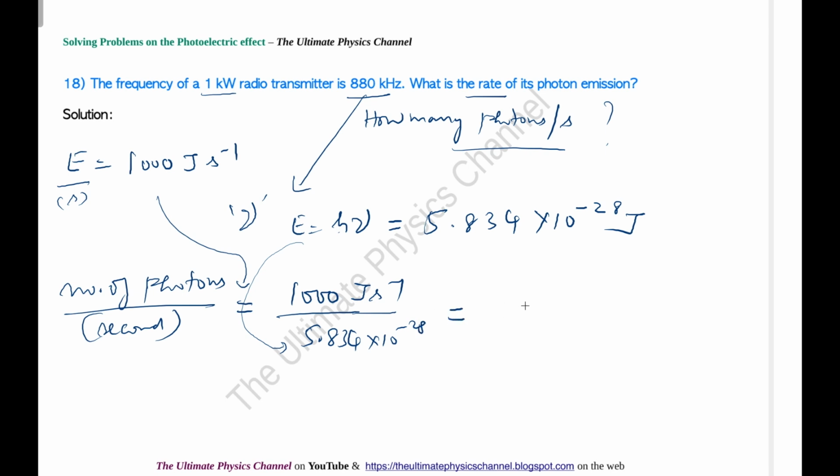So the answer is 1.71 times 10 power 30 photons per second. That's the rate of photon emission.